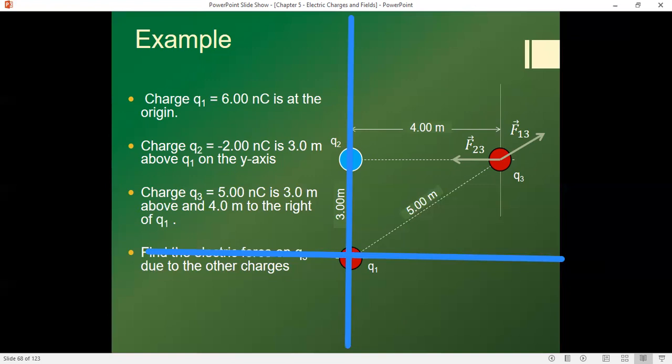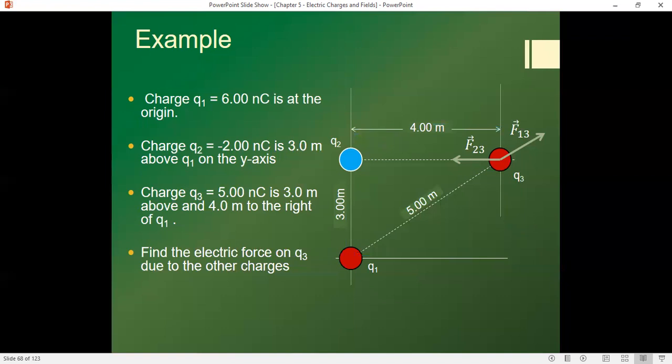Q2 is 3 meters above Q1 on the Y axis. And sure enough, that's where I put it. But Q3 is 3 meters up and 4 meters to the right, 4 meters in the positive X direction. So it's located right there.